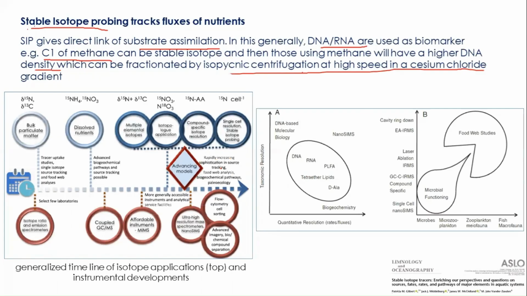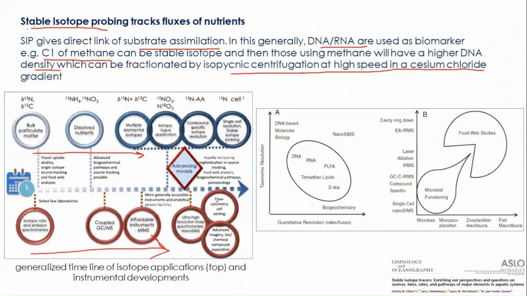As in this graph you can see that as different isotopes have been generated and different developments have happened, there is simultaneous development also in order to measure those isotopes.